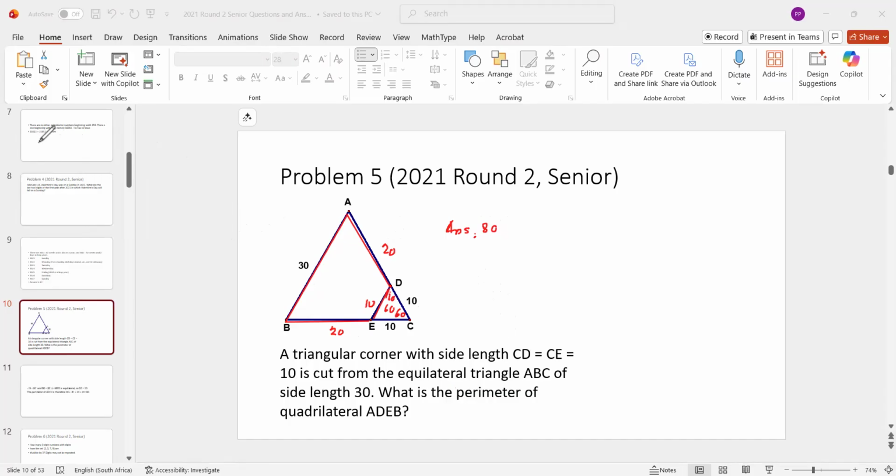Okay, so there could have been an easier solution than that. I can tell you an easy solution. You see, the perimeter is actually ADEB. All right. So it's the same as the perimeter of your triangle.